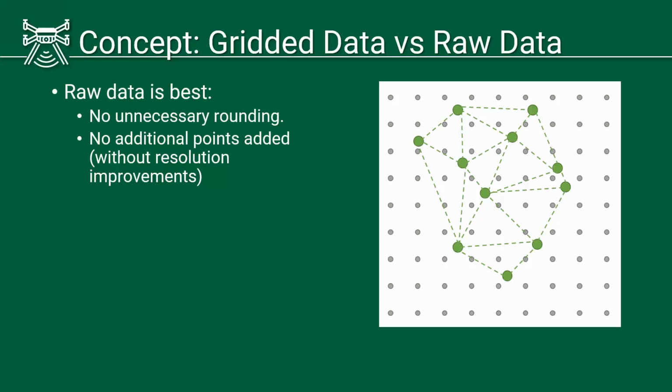You have no unnecessary rounding happening, and you're not adding extra points without resolution improvement, which is what gridding data does. It just adds unnecessary points, essentially. But if you are working with a product that has been gridded and you don't have that raw option, it's totally fine too. But if you're presented with the two choices, raw data is always best.